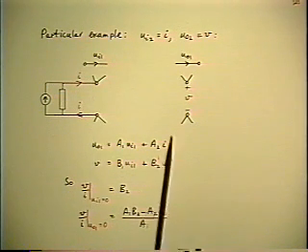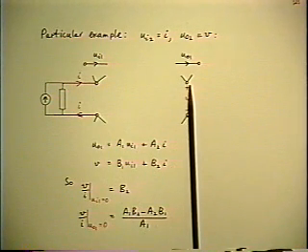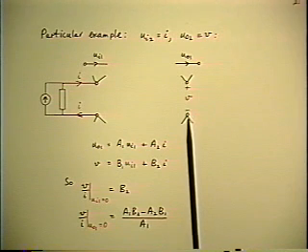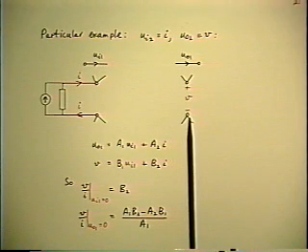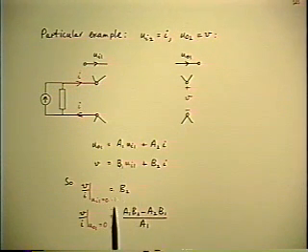Okay, that's identified input number 2 as a current. At the same time, I'm going to identify output number 2 as a voltage across another pair of terminals. So I can go through exactly the same algebra again, which is identical.